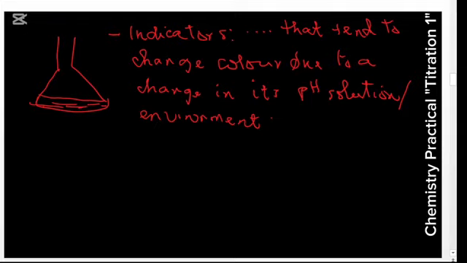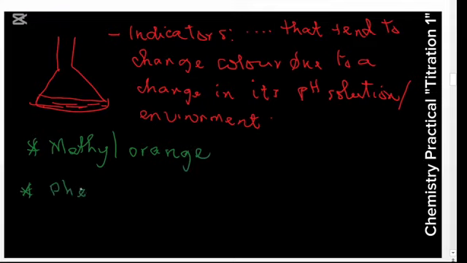So the common indicators that we have are methyl orange. We are majorly talking about acid-base indicators here. We have methyl orange, okay. We have phenolphthalein, okay.